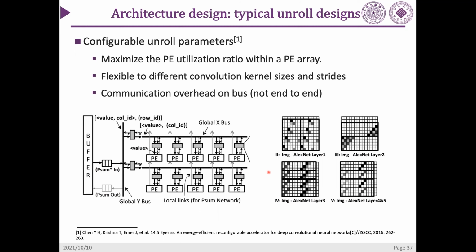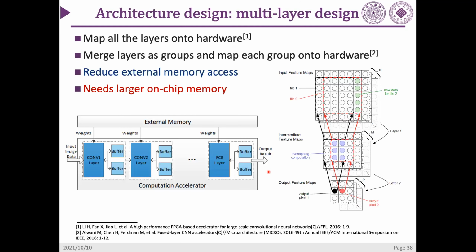So these are within 6 loops. And the other typical design choice is trying to use the relationship between multiple, different layers. So loop mapping is the core problem in the design of one convolutional layer. But for the whole neural network, we also need to consider the problem of multi-layer design.